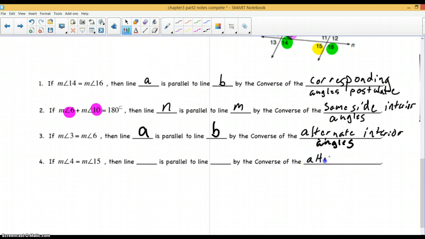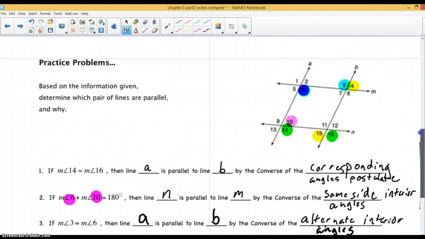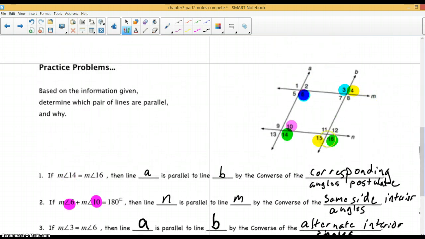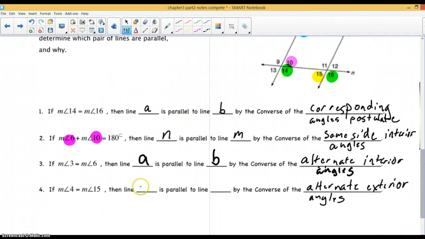And in our setup, we are told that they are equal. So we know that lines M and N, the two lines that aren't the transversal, are parallel.